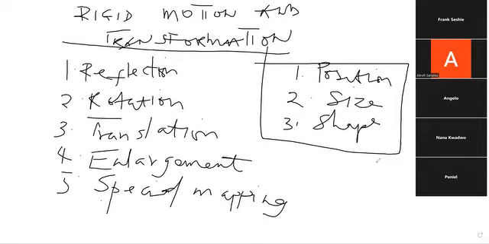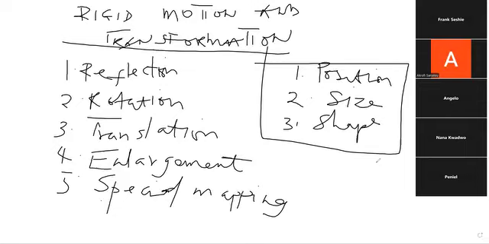So all of these five will undergo positional changes. You see that we will draw the object. After I reflect it, the position of the object will change. Where the object is will no longer be there. The image will be at a different place. Then we rotate. When we rotate too, the position of the object will change. Translation, same. Enlargement, same.